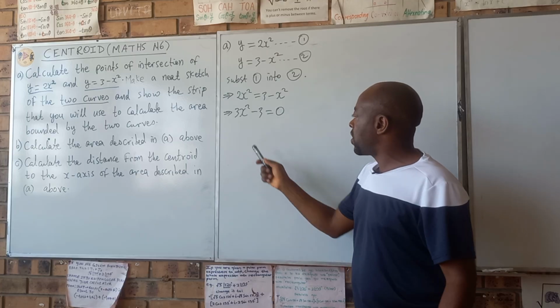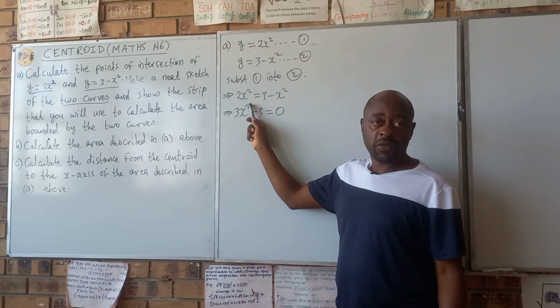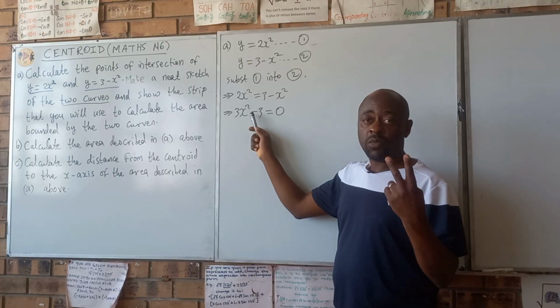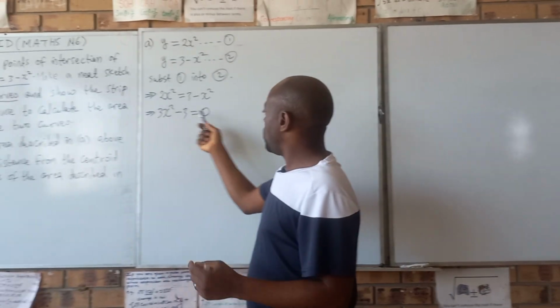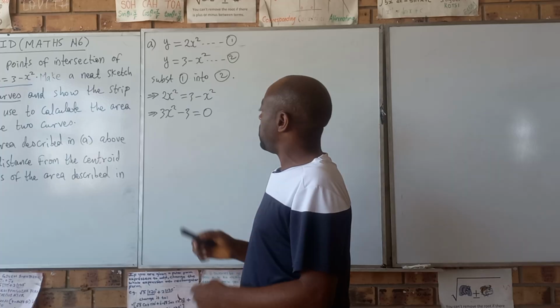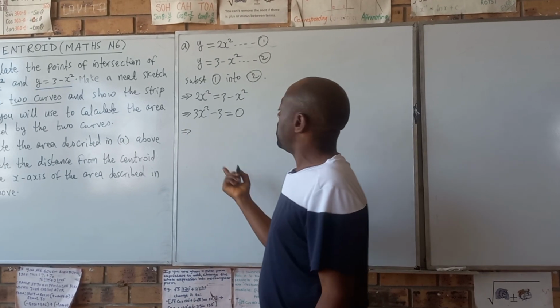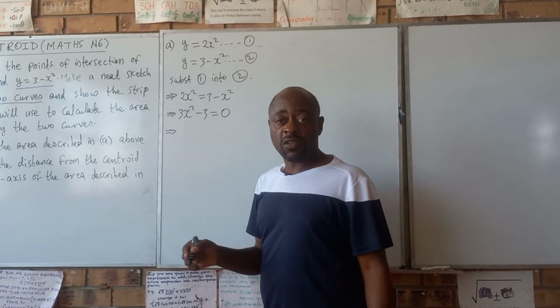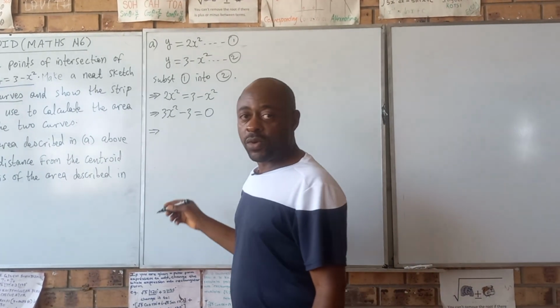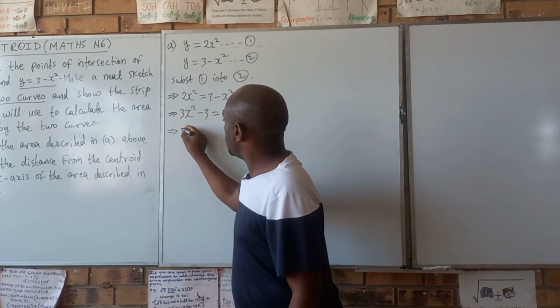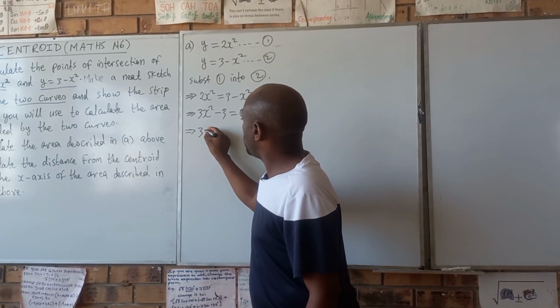Now the degree, the highest power of x, immediately tells me that I must get two answers when I solve. You can choose to pass this through the quadratic formula if you want, but generally when the terms are less than 3, it's easier to solve by factorization. So with factorization, I'm taking out 3 as my common factor.